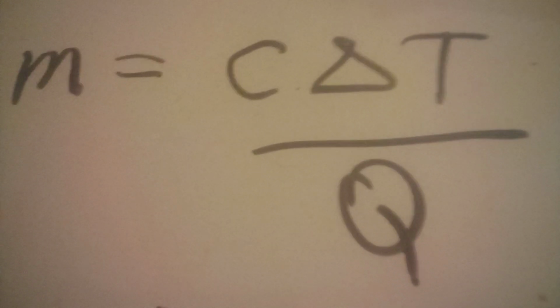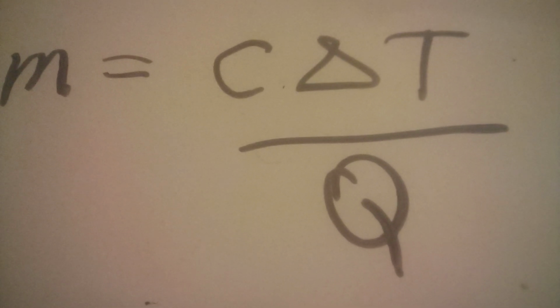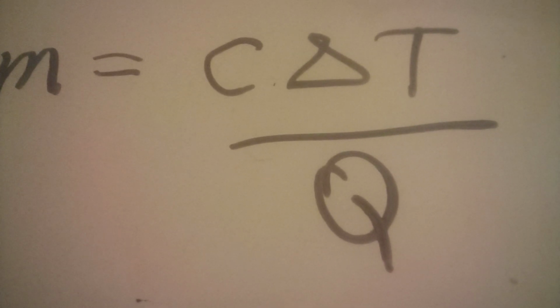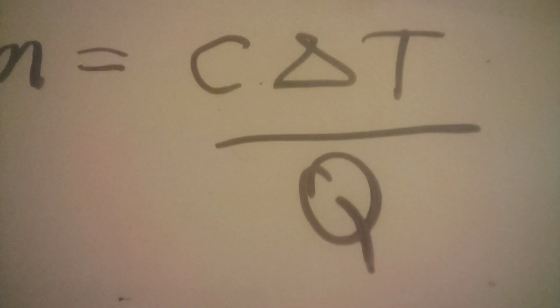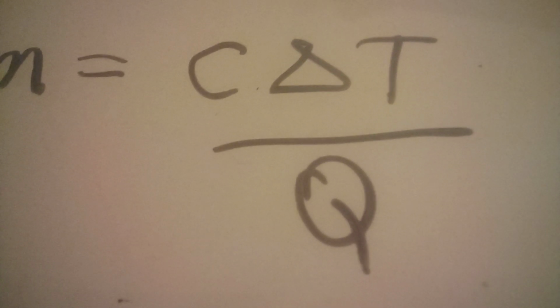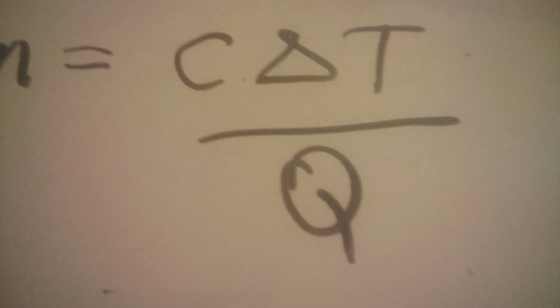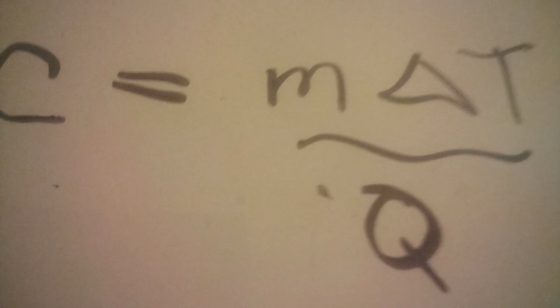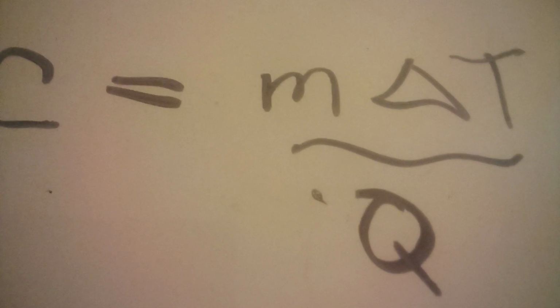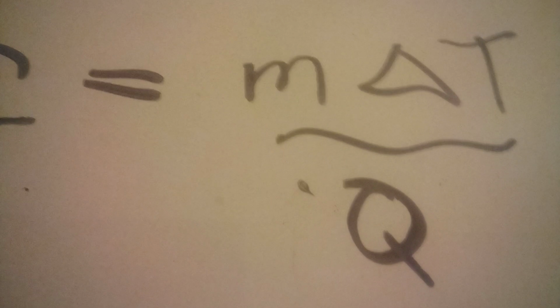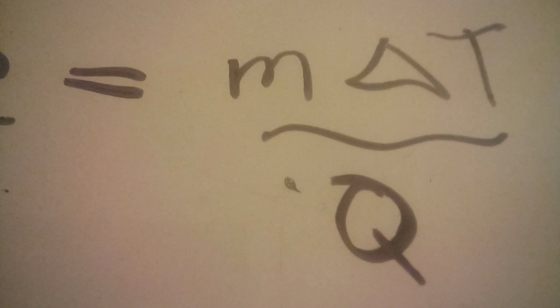So anyway, we have the heat equation. Say we wanted to solve for mass. What's the mass in terms of specific heat, temperature, and quantity of heat? Well, with a little algebraic manipulation, we divide M's partners by Q. And for C, we solve for C, we divide C's partners by Q. So C equals M delta T, right?